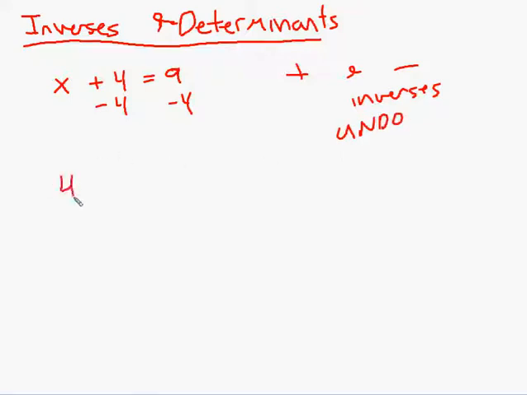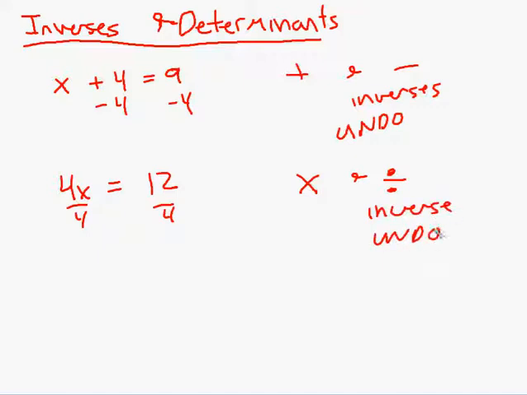And if I had 4x equals 12, how do I solve that one? Divide by 4. Okay, so we would say multiplication and division are inverses. They undo each other. So our goal is to find the inverse of a matrix.